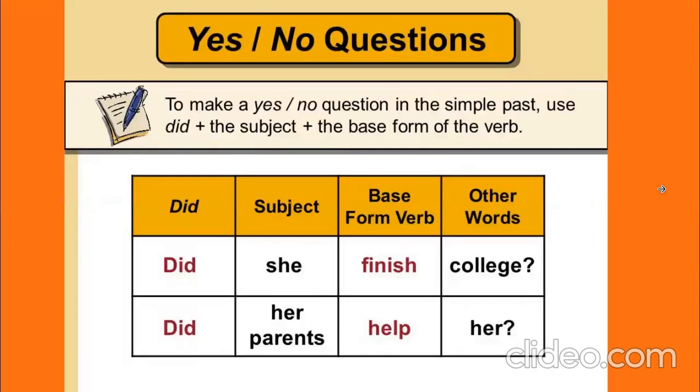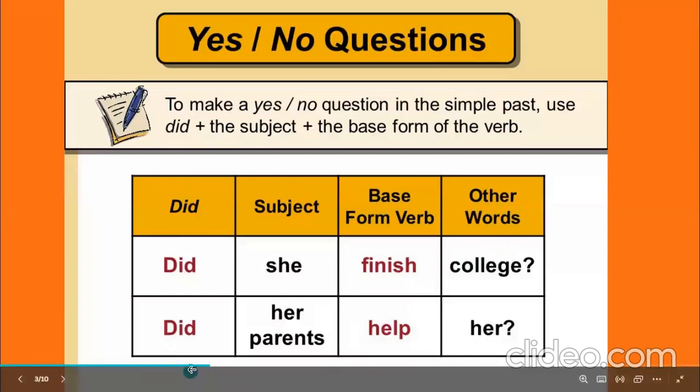So it says, yes and no questions. To make a yes and no question in the simple past, we use did plus the subject plus the base form of the verb. Again, we need to have did, the subject, the base form, and other words, in this case it could be a complement.